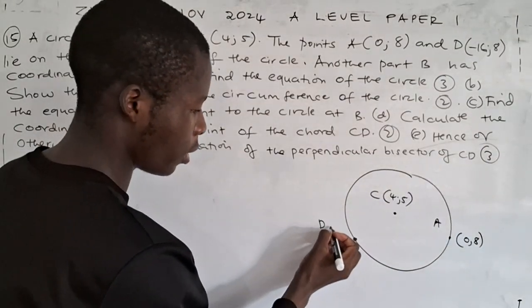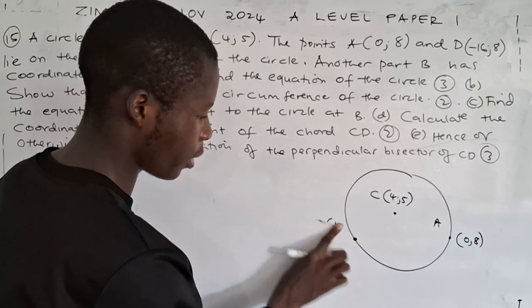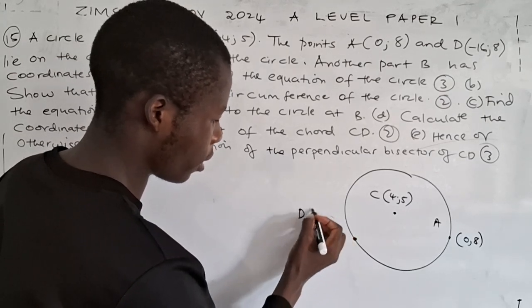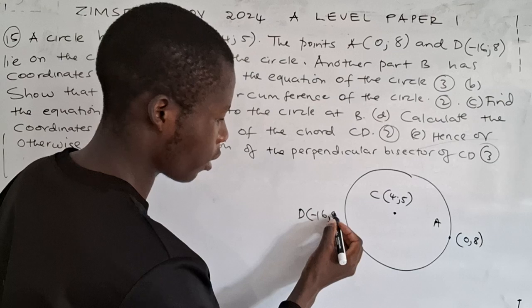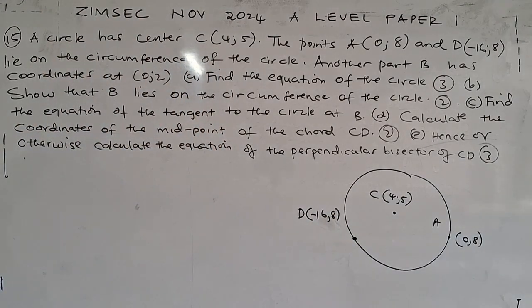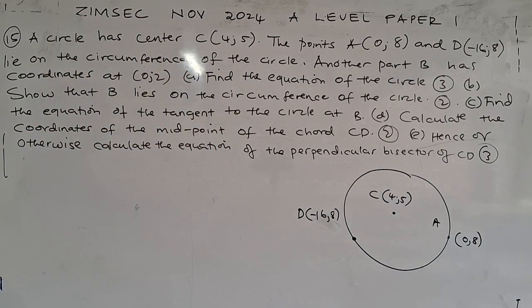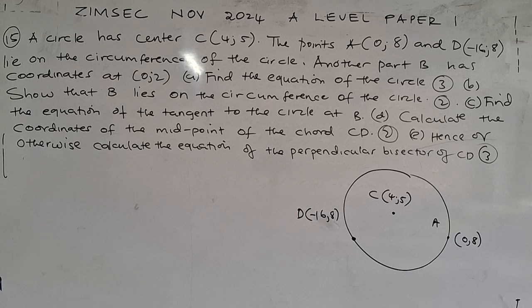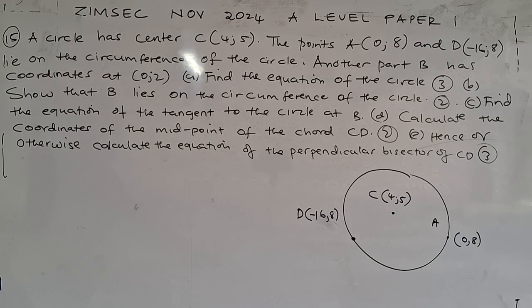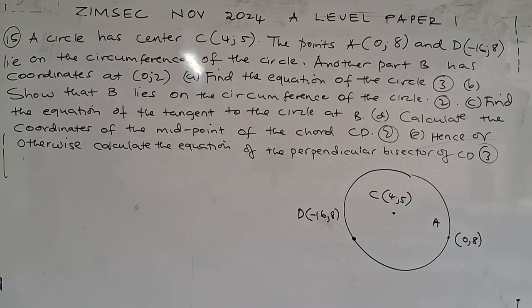Suppose D is here, negative 16. This is my D, (-16, 8). They lie on the circumference of the circle. So a circle has a center (4, 5), the point A is (0, 8), and D (-16, 8) lie on the circumference of the circle.